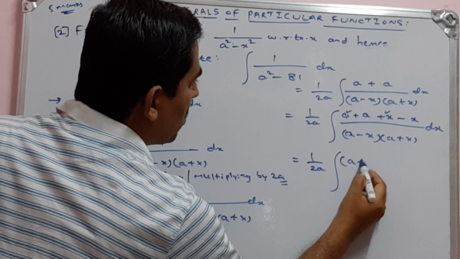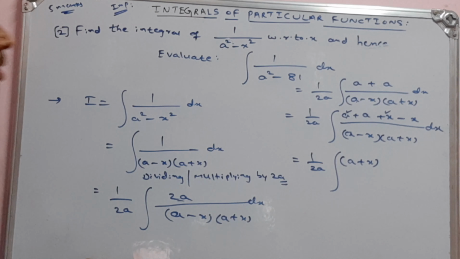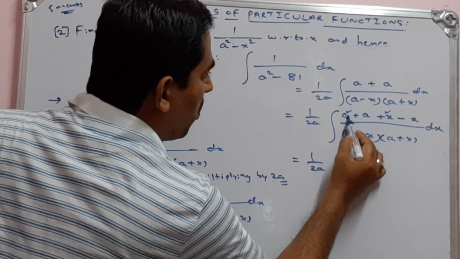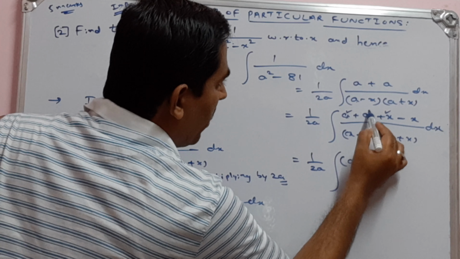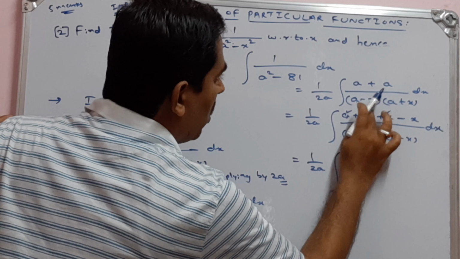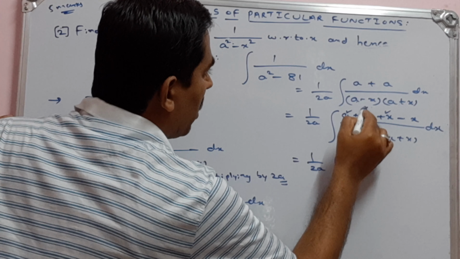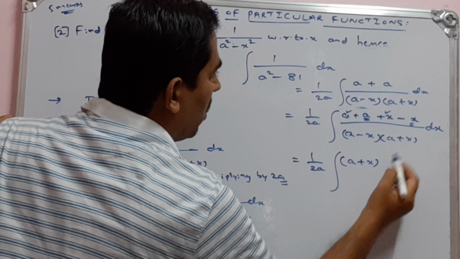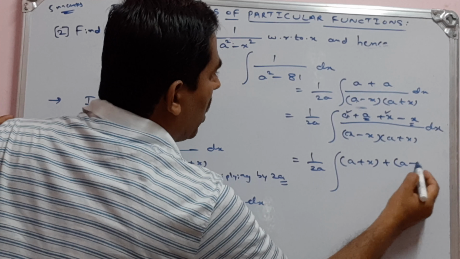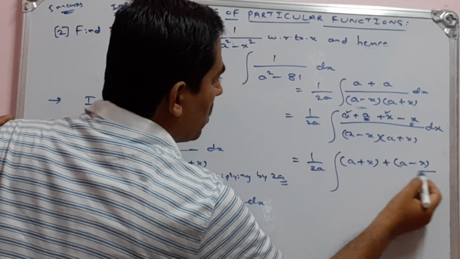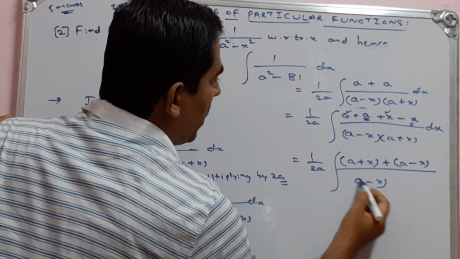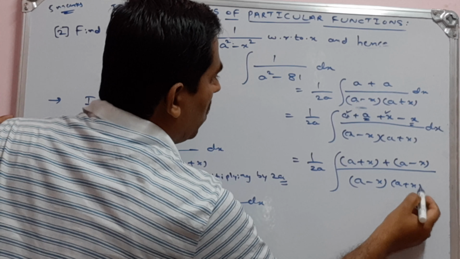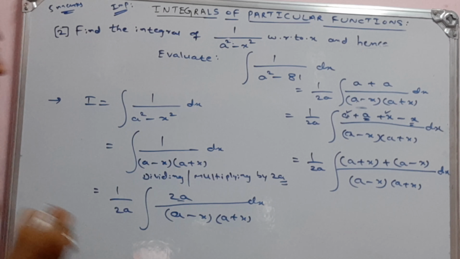I will group these two terms, a and x, as a plus x. Then the remaining terms, plus a minus x, divided by a minus x into a plus x, with respect to x.